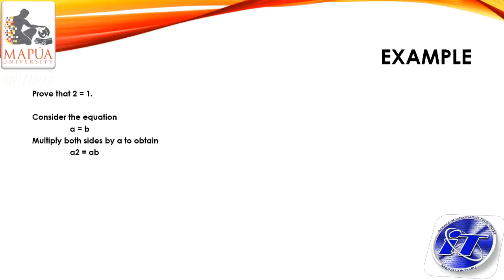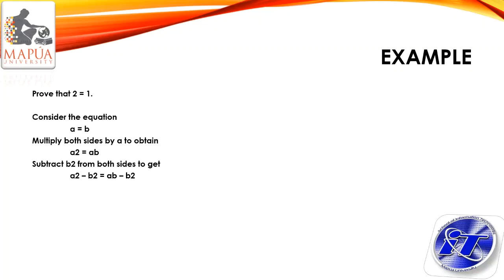Okay, a times a equal to a times b. So based on this, they are still equal. And then you subtract b squared again from both sides, so they are still equal. A squared minus b squared is equal to ab minus b squared.